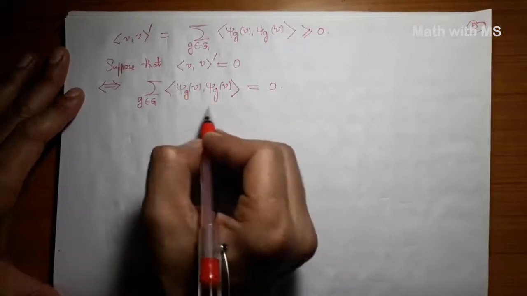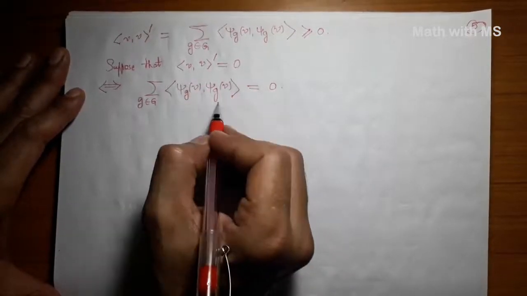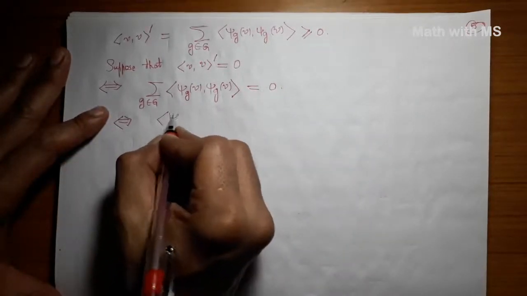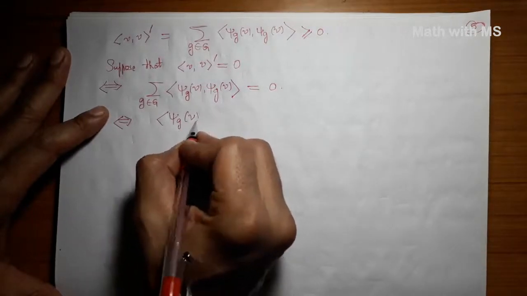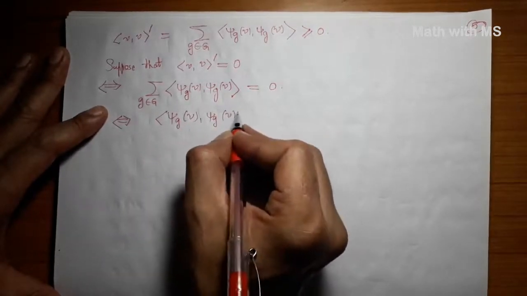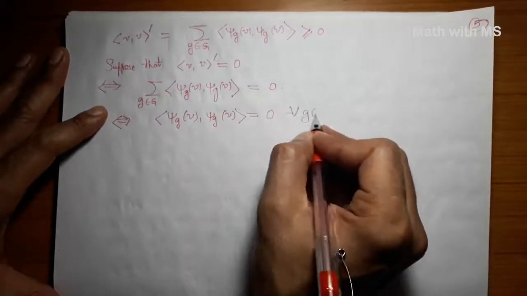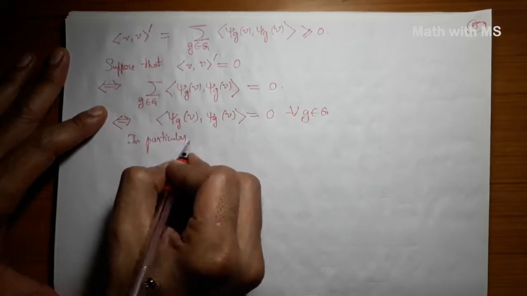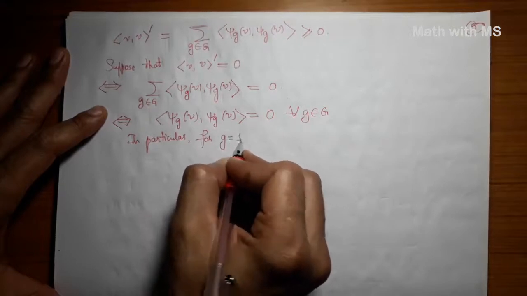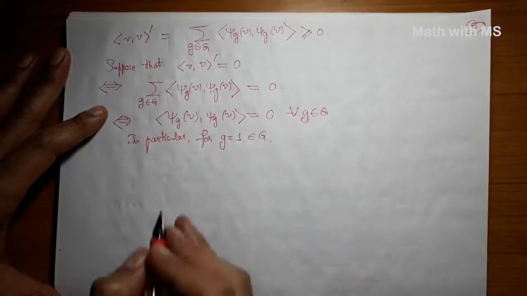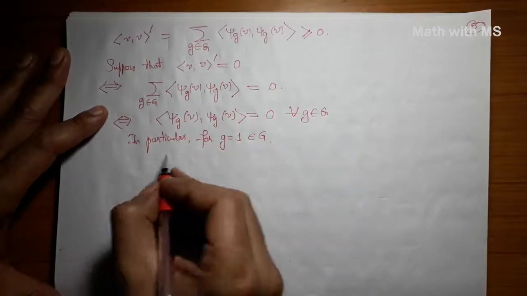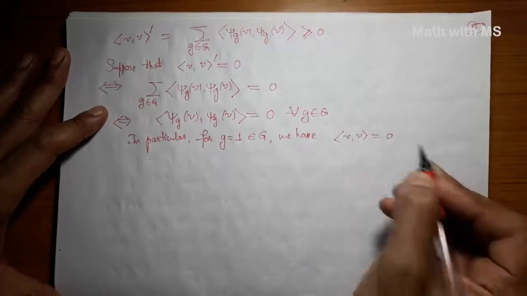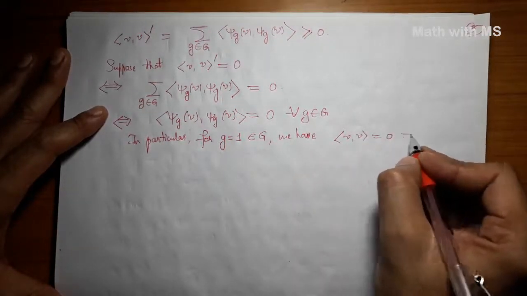But each of these is a non-negative entry, so this is 0 if and only if each of them is 0, if and only if ⟨ψ_g(v), ψ_g(v)⟩ is 0 for all group elements, in particular for the identity element, g equals 1 of the group G. But the identity acts as identity, so in particular for g equal to this, we have that the inner product of (v, v) is 0. But now this is a standard Hermitian inner product, so that implies that v has to be 0.